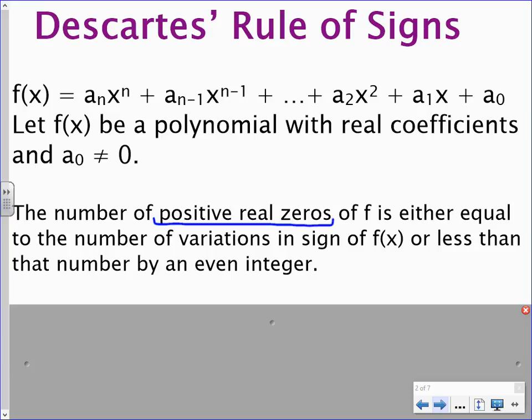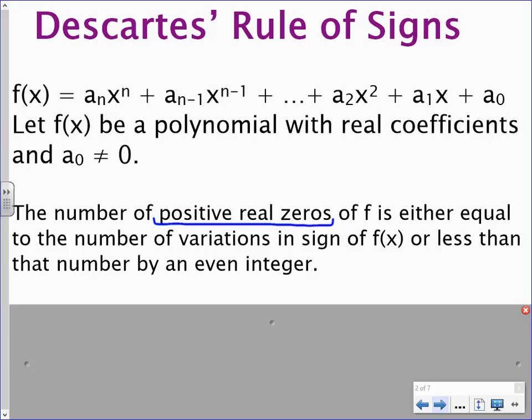Okay. Basically, you can just keep subtracting 2 until you get to 1 or 0. Let's talk about why there would be either that number or an even number less. Why is it an even number less?